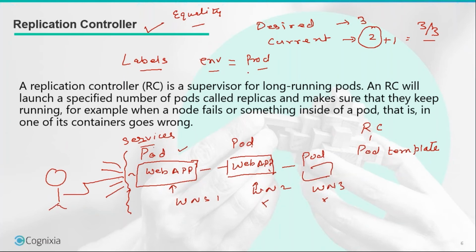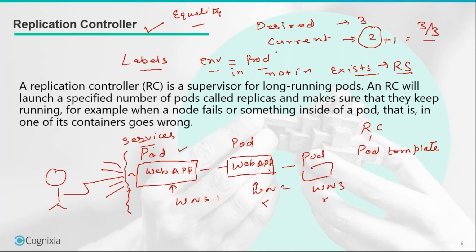But if you want to use operators like in, not in, or exists, then we use a concept which is replica set. So replica set is the same as replication controller, but it is set based.